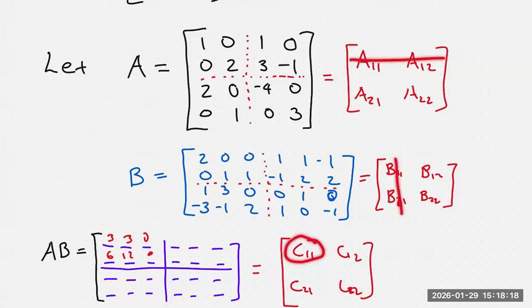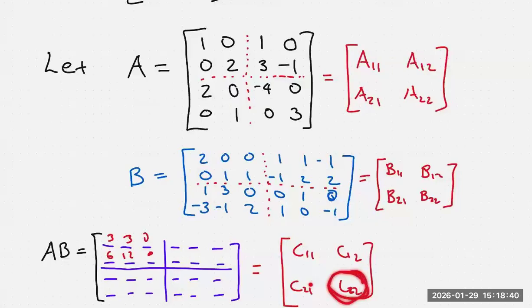For the first row, second column, multiply the first row by the second column. For the second row, first column, multiply the second row by the first column. For the second row, second column, multiply the second row by the second column. It's not complicated.